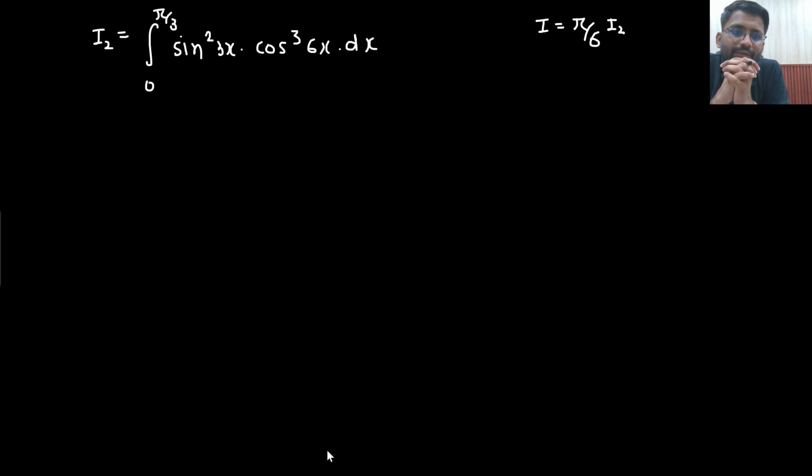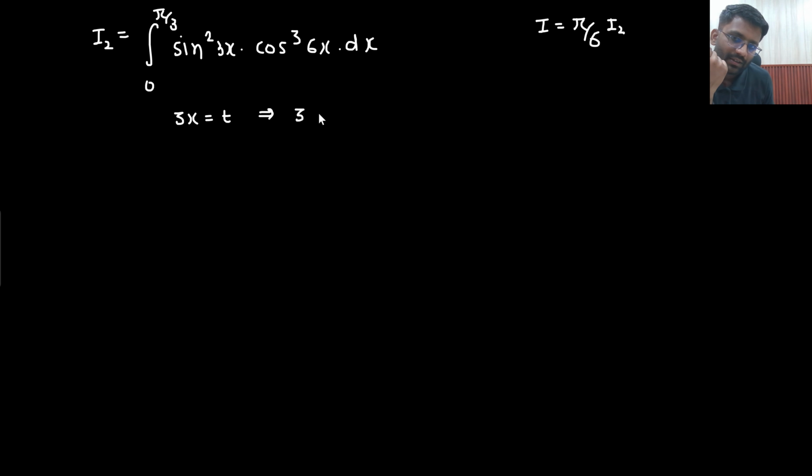What are you going to put? 3x equals to t. If I put 3x equals to t, my limit will go from 0 to pi. If I put 6x equals to t, this will become t by 2, which I don't want. I don't want to solve the problems in t by 2 or t by 4 or t by 5. So the very first thing that clicks to me is 3x equals to t.